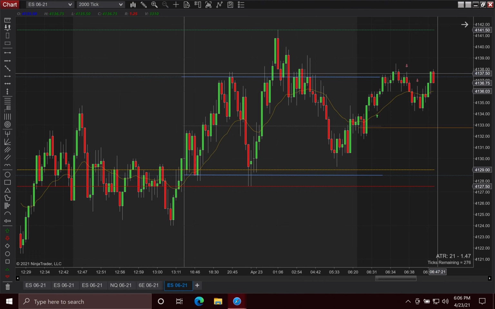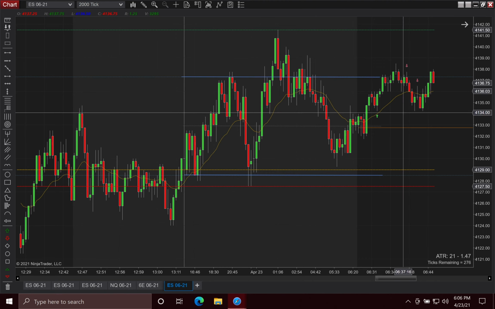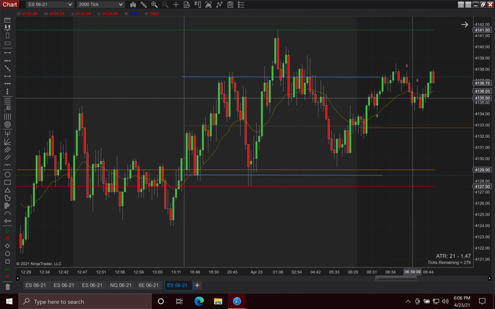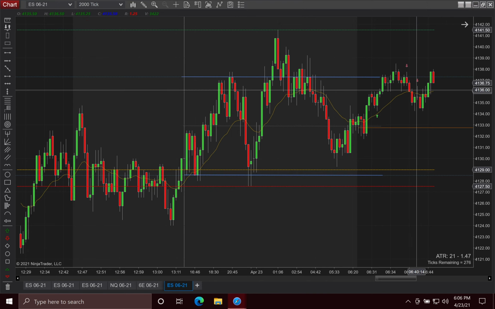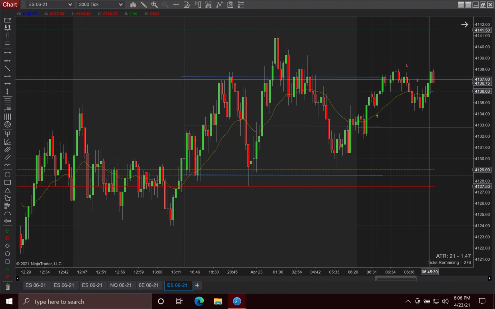Here is a nice play. A little failed break higher. Nice bearish bar. It's a second entry short to these lows. A little trick that I don't often talk about, but it's definitely part of my system, is that whenever you have this reversal pattern trade, the failed second entry trade that fails, if you get a setup off a key entry point, usually it's off the EMA, I call them re-entries.